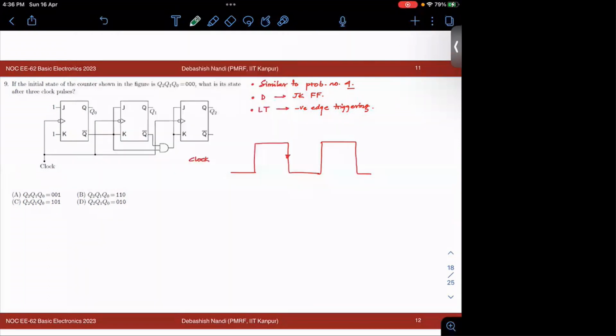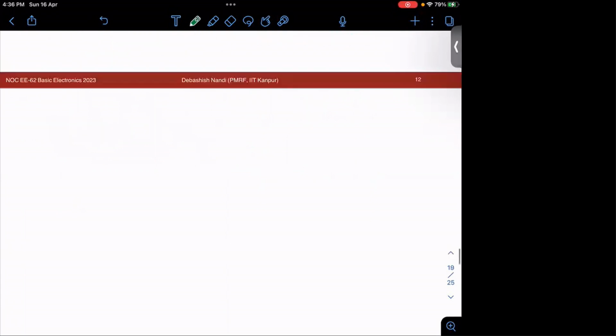We will consider from the previous edge to this point, just before the edge, say this is TK. So this amount we will consider as TK minus, and just after TK, the time will be TK plus, okay?